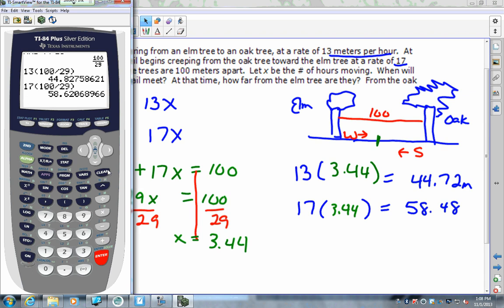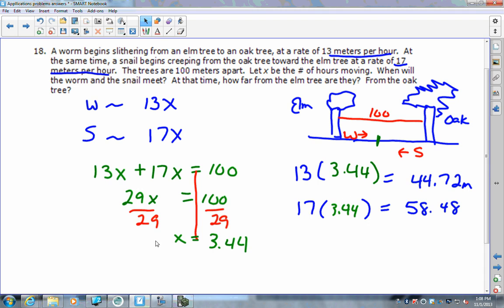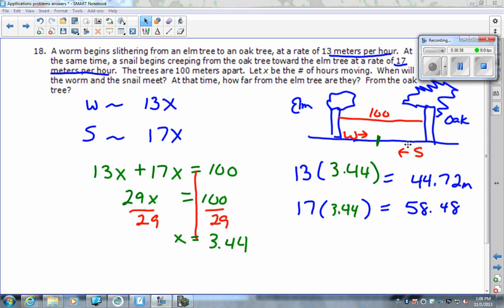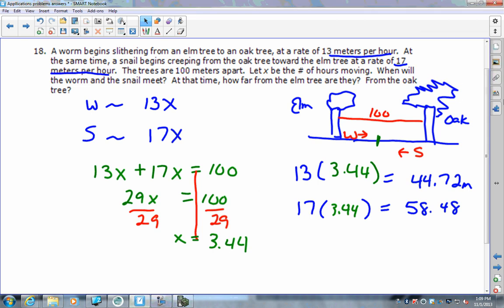It would go over, so they're going to meet. And because the numbers don't work out neatly and nicely. Yes, ma'am. See, maybe that'll make the difference.